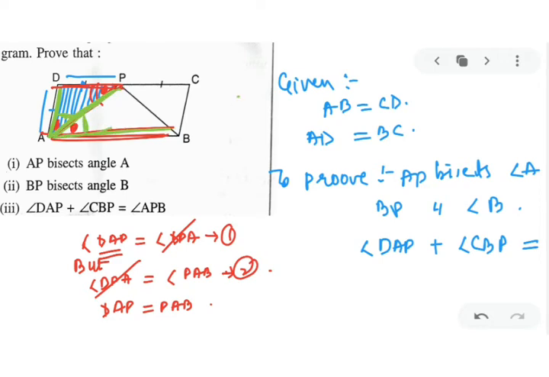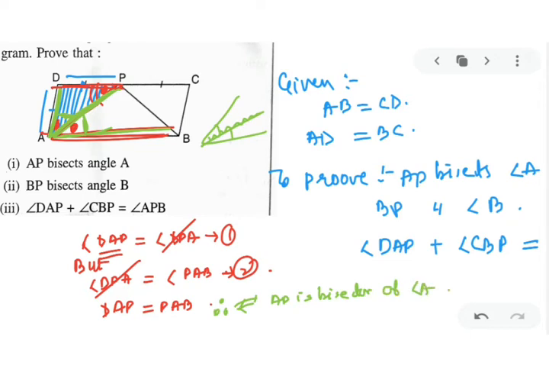And once you get two angles like this are equal, that means the central line will be called a bisector of angle. So can we say therefore AP is bisector of angle A.